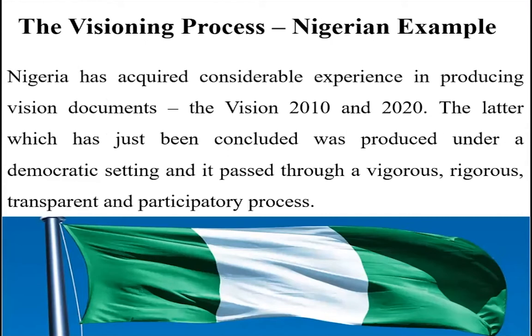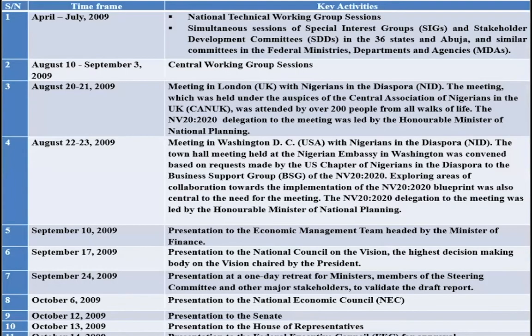In the case of Nigeria, Nigeria has acquired considerable experience in producing vision documents. There was the Vision 2010, there was also the Vision 2020. The latter, which has just been concluded, was produced under a democratic setting, and it passed through a vigorous, rigorous, transparent, and participatory process.